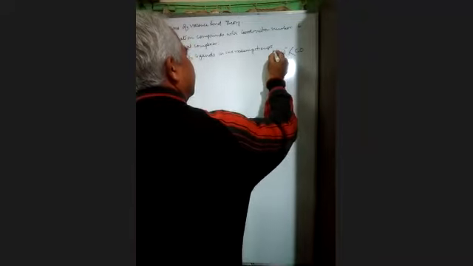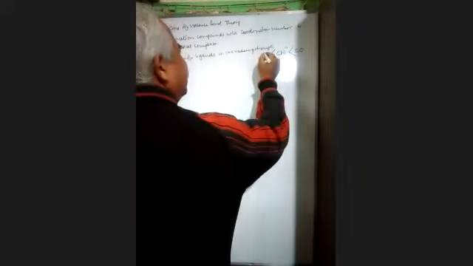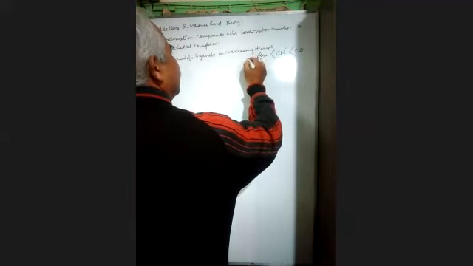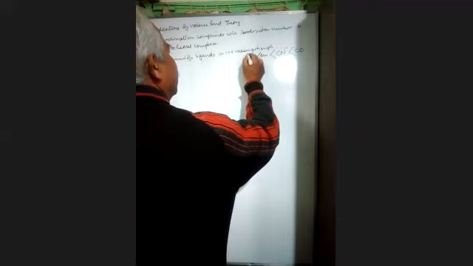Then cyanide, then en, ammonia. I am writing only those ligands which are common with your textbook. There will be hundreds of ligands, so I am not going to mention them, to avoid confusing you.